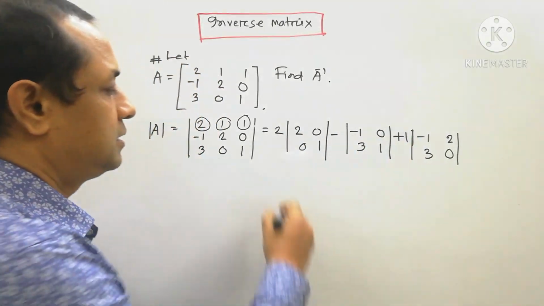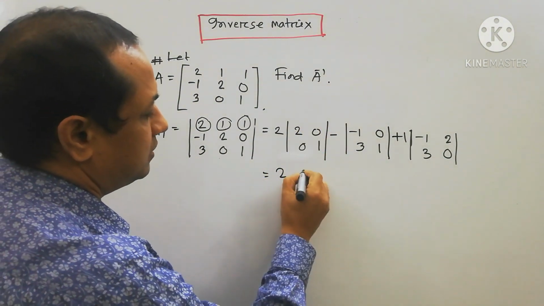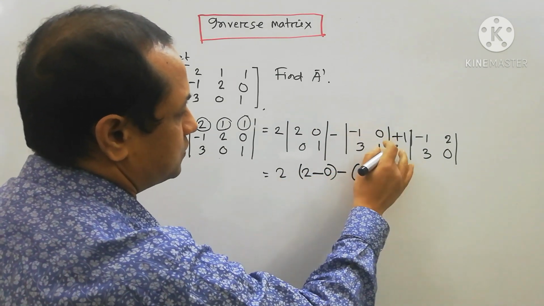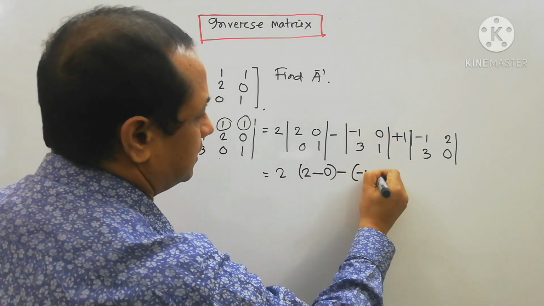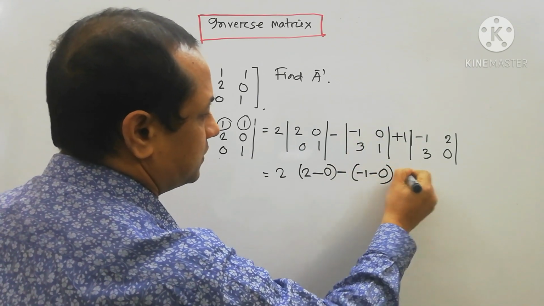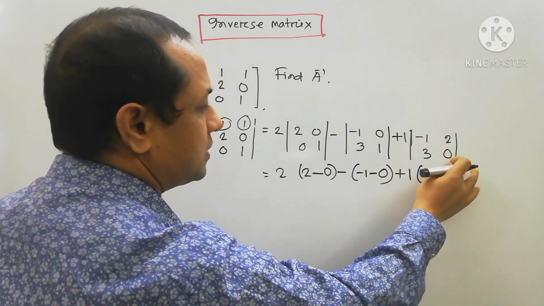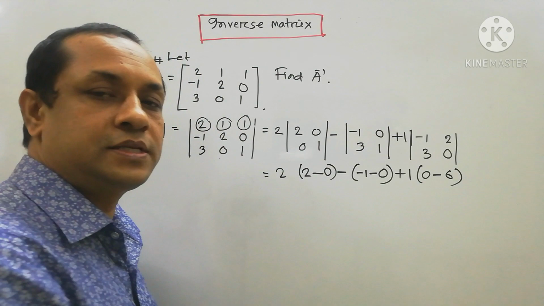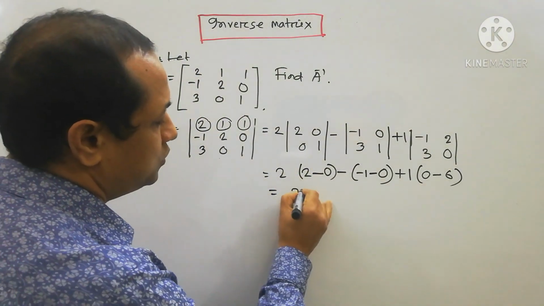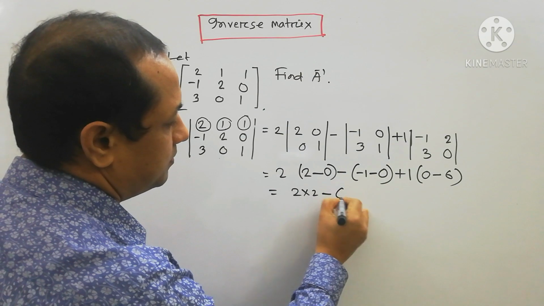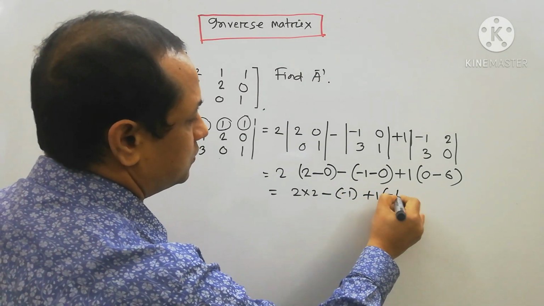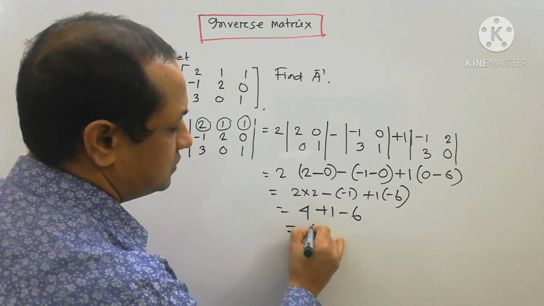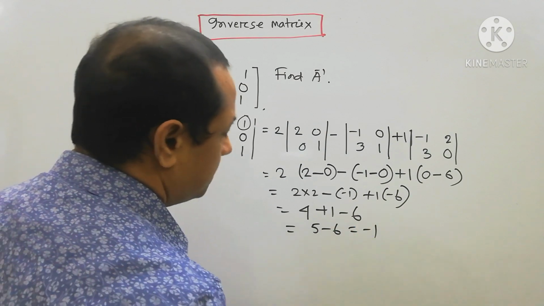Now we have 2 into (2 into 1 minus 0 into 0), minus (minus 1) into (1 into 1 minus 0), plus 3 into (1 into 0 minus 2 into 1). So students, here 2 into 2 is 4, plus 1, minus 6. So 4 plus 1 minus 6, so 5 minus 6 equals minus 1.